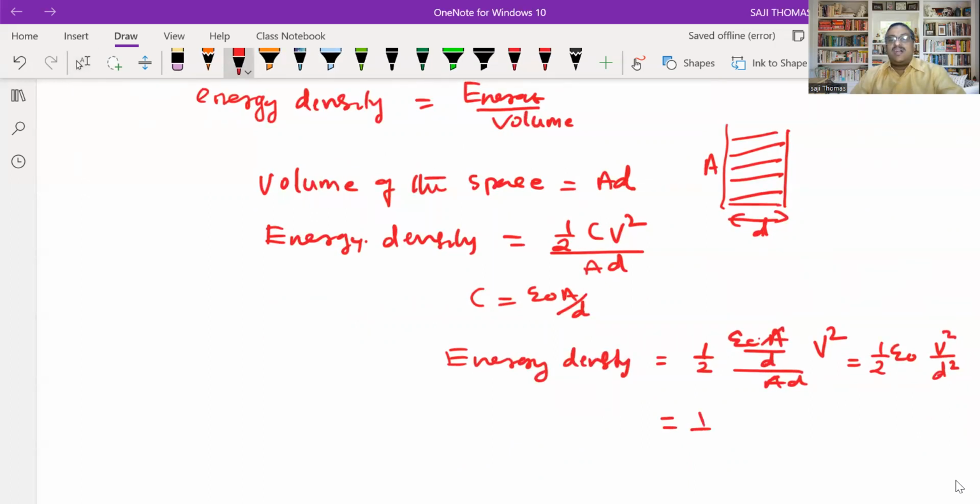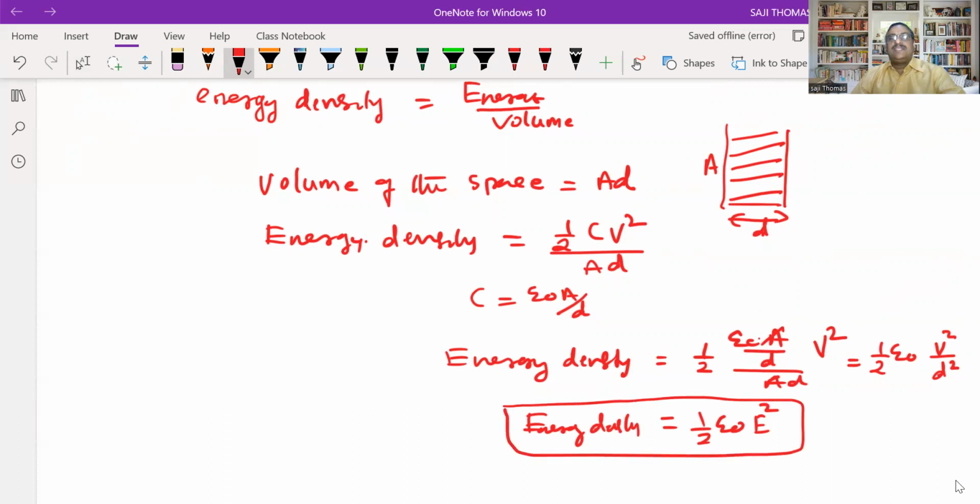So we can write half epsilon 0 E square. This is the equation for energy density in a parallel plate capacitor. Energy density in a parallel plate capacitor: half epsilon 0 E square.